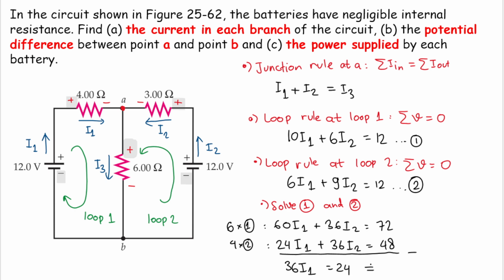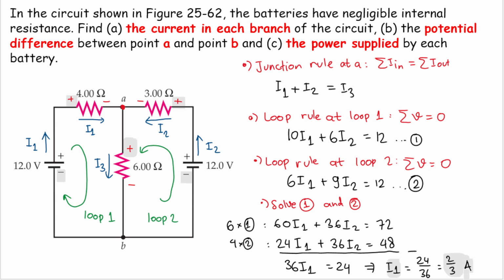So we can get I1 here is 24 divided by 36, or we can have this as 2 over 3, right? So we can divide this by 12. So I have 2 over 3 ampere. Good. So I1 here is 2 over 3 ampere.